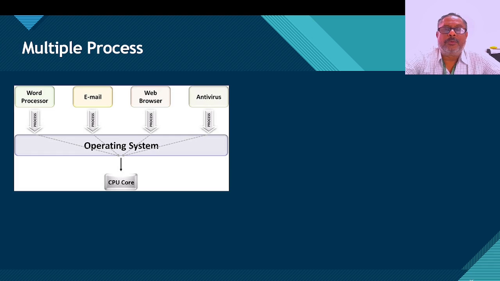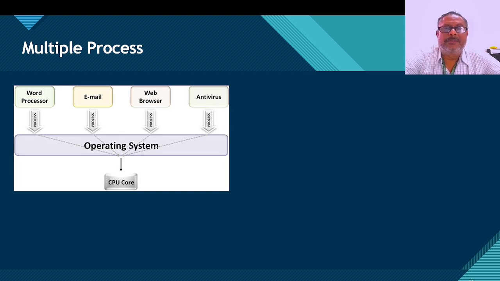But to logically show that everything is working simultaneously, we rely on the fact that human response time is very, very slow compared to the processor speed. Therefore, on one side we can keep typing an email, on the other side one more email may be downloading something, and on a third side we may be uploading some document.